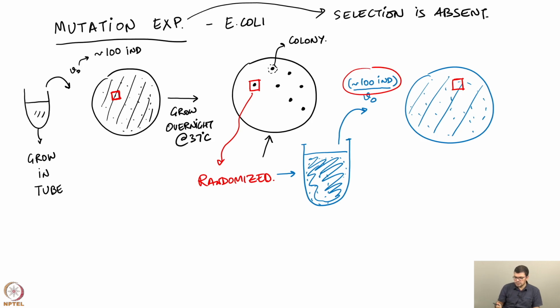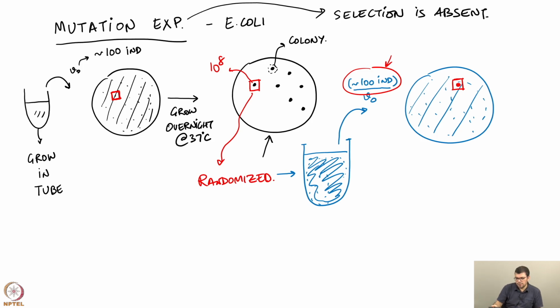Now, when I do this, every colony has 10 to the power 8 cells. That means a lot of mutations have taken place here, and there will come a time that by chance these 100 individuals will also have individuals which have acquired mutations, and eventually I will end up picking a colony which was founded by one of those individuals which was already carrying a mutation, and so on and so forth.